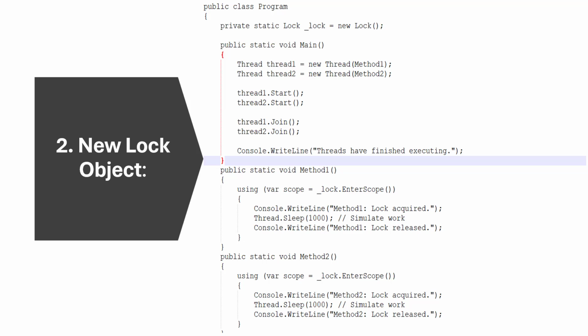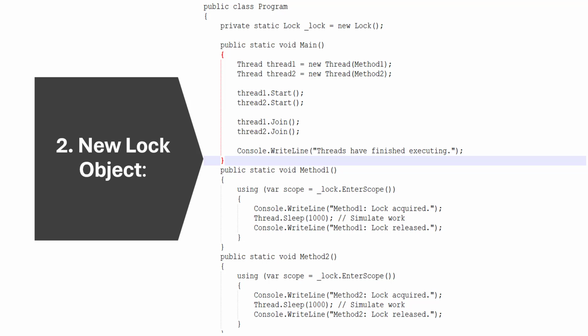Now, entering the lock scope, the EnterScope method of the lock object is called to enter a critical section. This method returns a ref struct, which implements the dispose pattern, ensuring that the lock is released when the scope ends.